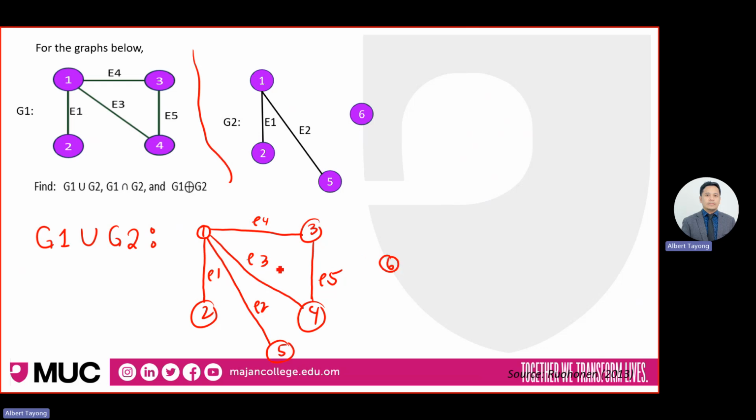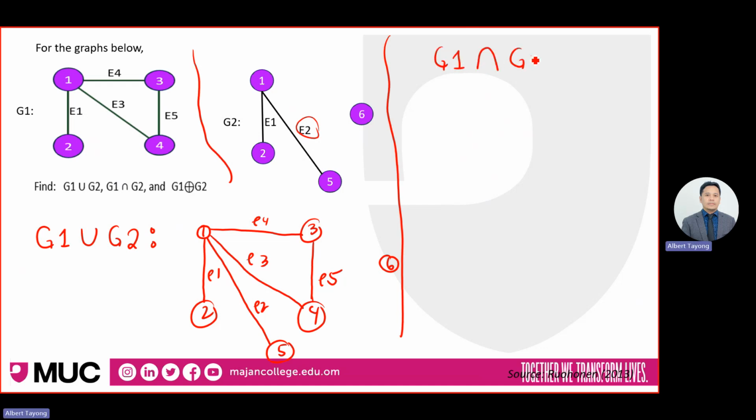It's not connected to any points. Okay, so this is the combination of G1 and G2. We added E2 actually, because we have E2 here. E1, we don't need to draw it again because it's already there. It's common elements.